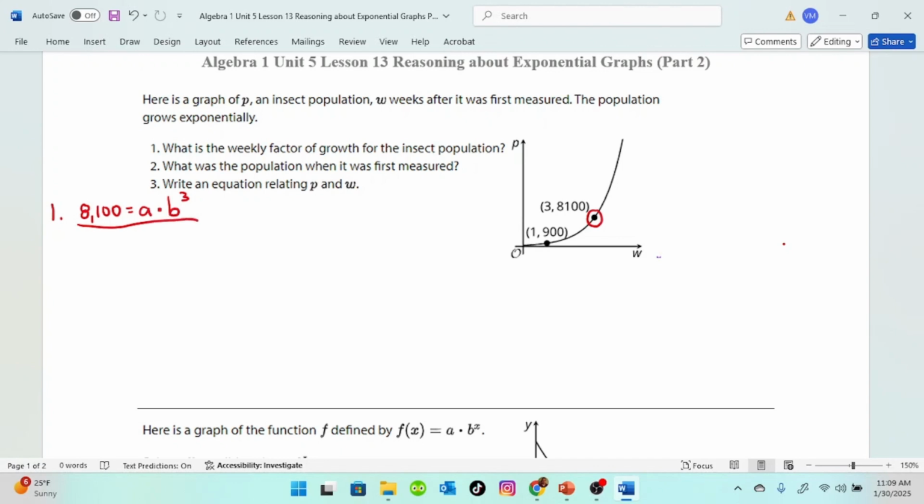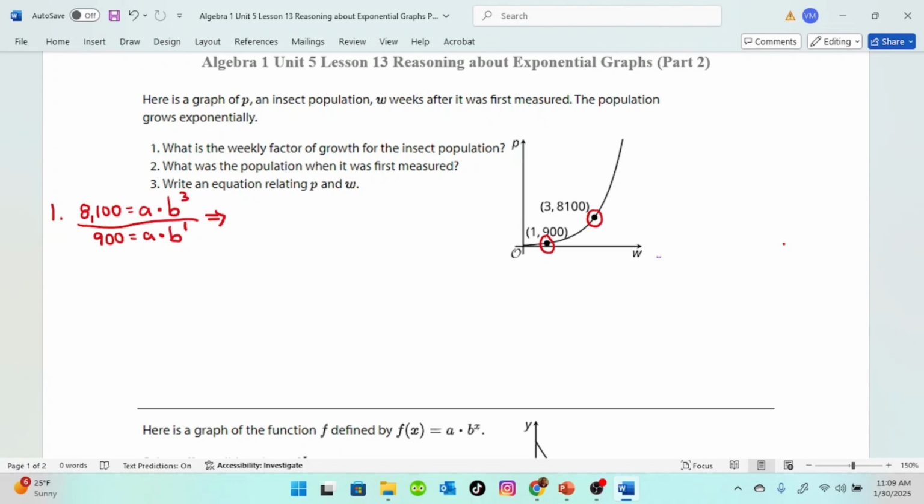Now we will do the same thing for the first point. We know that y is 900. We do not know the initial amount. We do not know the growth factor, but we do know that x is 1.